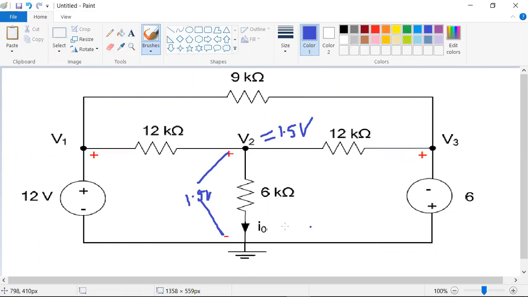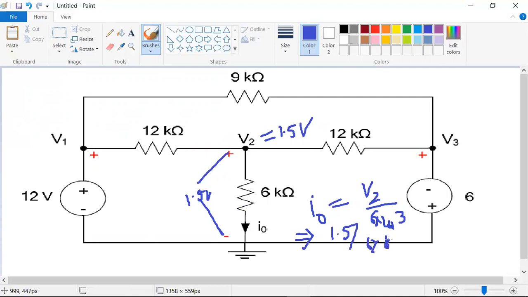Then what about current? As per the law of Ohm, I naught is equal to V2 by 6k, 6 into 10 to the power of 3. Kilo ohms is 10 to the power of 3. You should remember those prefix terms. Already we discussed in our first classes. V2 is nothing but 1.5. 1.5 divided by 6 into 10 to the power of 3.